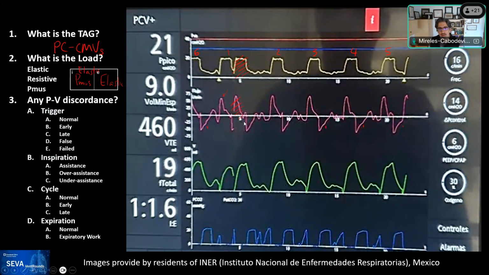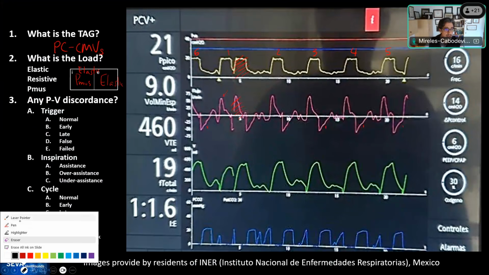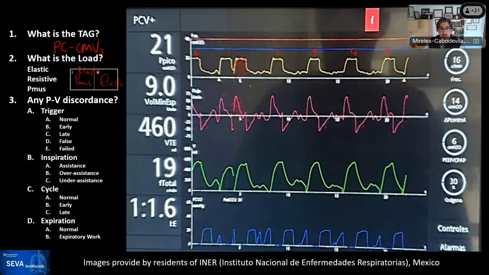So you come through, and these are mandatory breaths. And if you notice, from around, oh, I have to change the color, sorry. I have only an eraser, so pen.